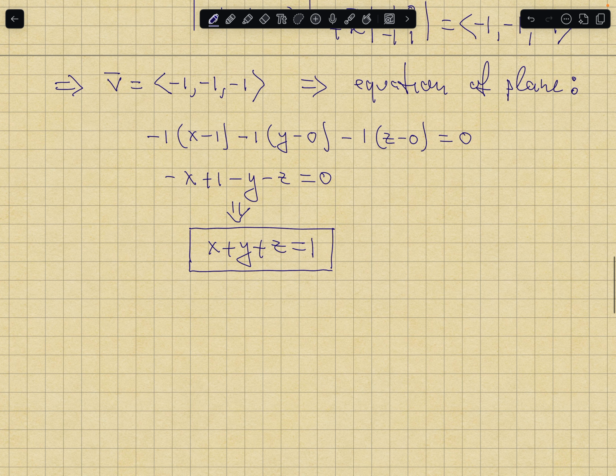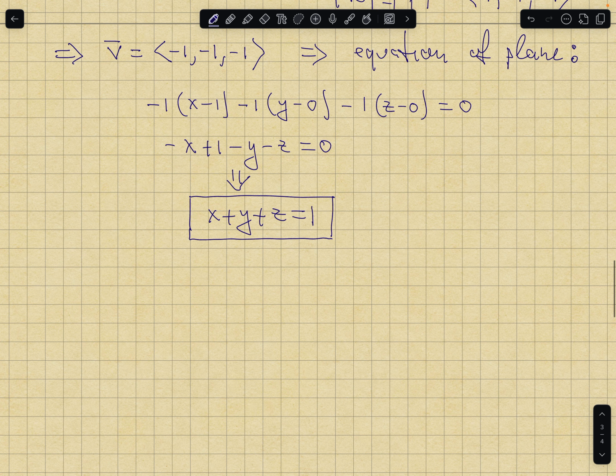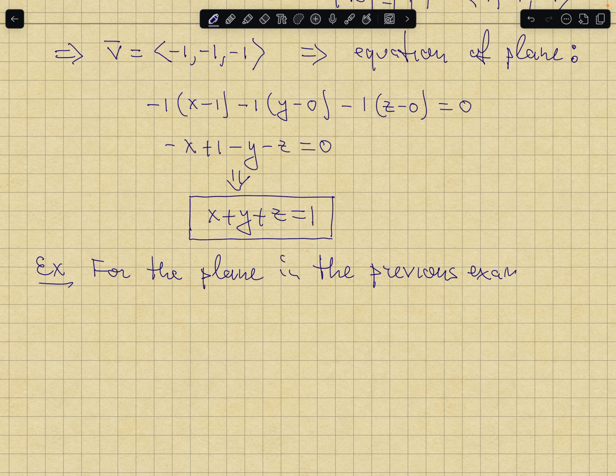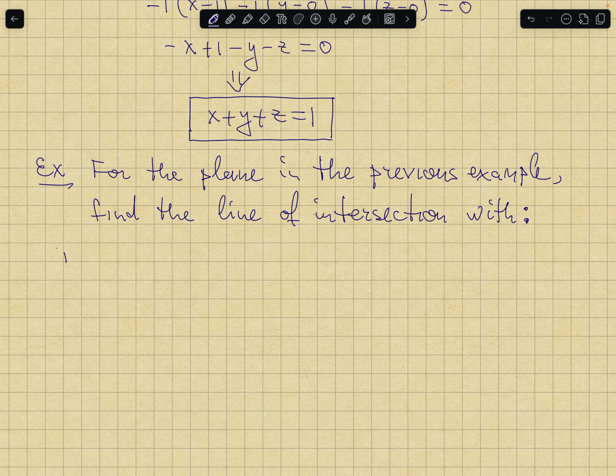Okay, so now what about this? For the same example, next example, for the plane in the previous example, find the line of intersection with, let's say, the xy plane.